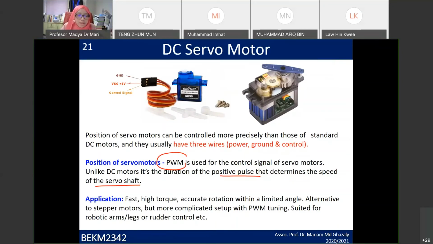The application is fast, high torque application, with more accurate rotation than the DC motor. Because for the DC motor, you do not have a sensor to control the position. Of course, you can add a sensor to the DC motor. But if you want a motor with an encoder, just directly buy a servo motor.